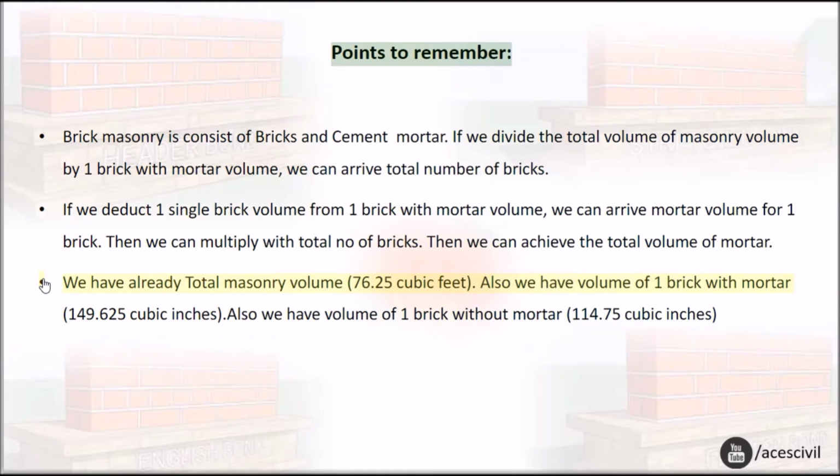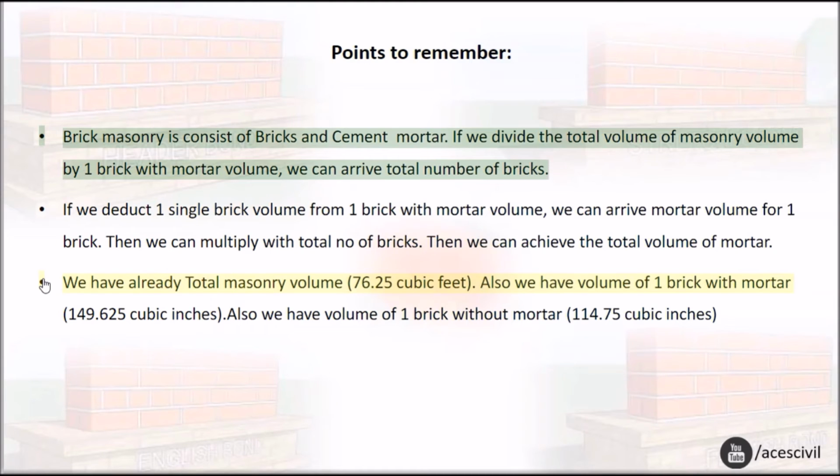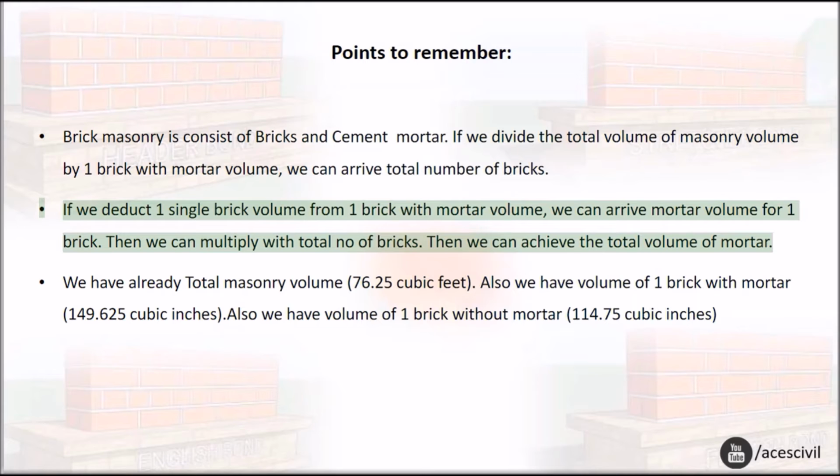Points to remember. Brick masonry consists of bricks and cement mortar. If we divide the total masonry volume by the volume of 1 brick with mortar, we arrive at the total number of bricks. If we deduct the volume of 1 single brick from the volume of 1 brick with mortar, we arrive at the mortar volume for 1 brick.